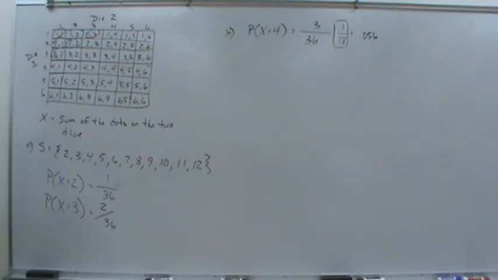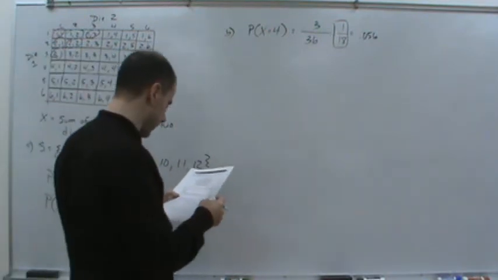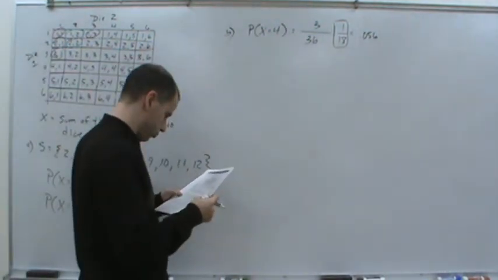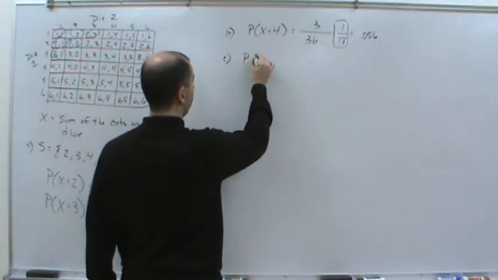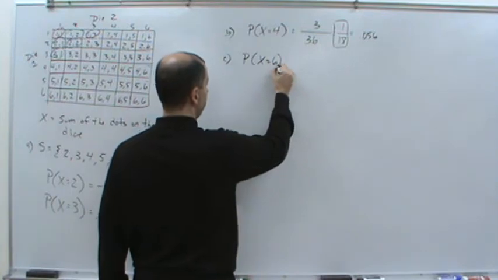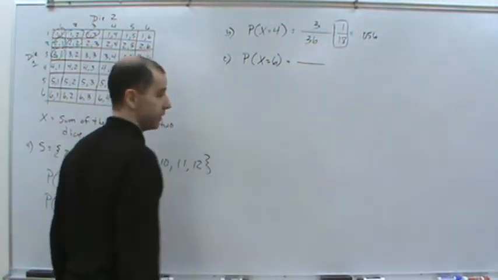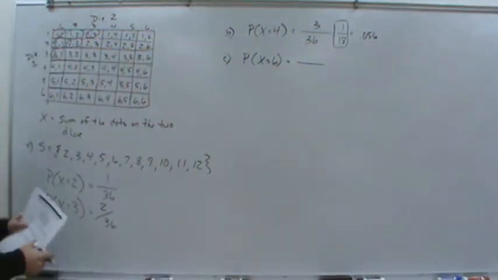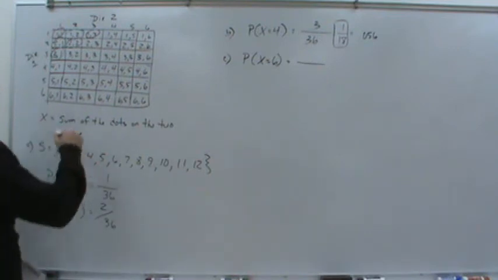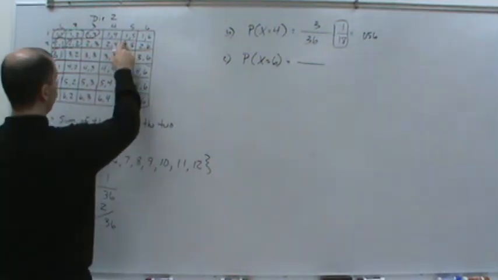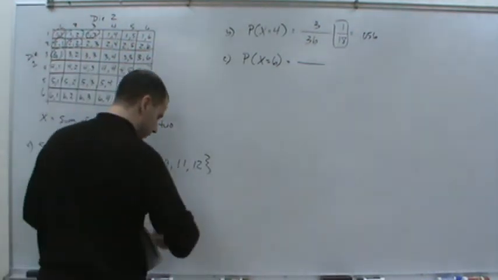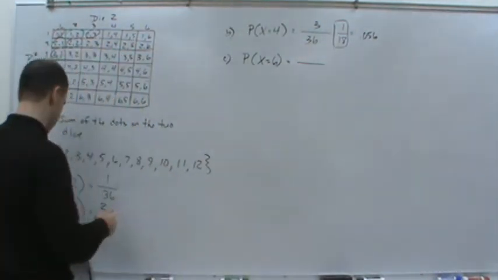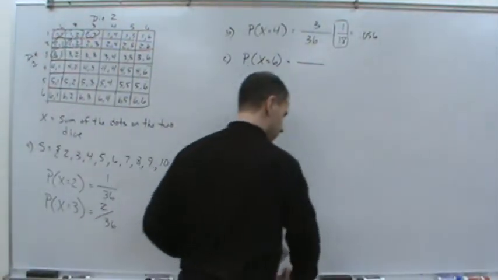Okay, so now, what's the probability of a 6? Again, it's the same idea. How many outcomes give me a 6 as a sum, right? So where's the 6? Let's look at it. Well, right here, 1 and 5, right? And then I'm just going to go down the diagonal. Let me use blue.